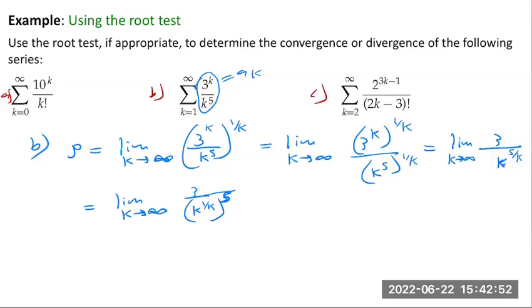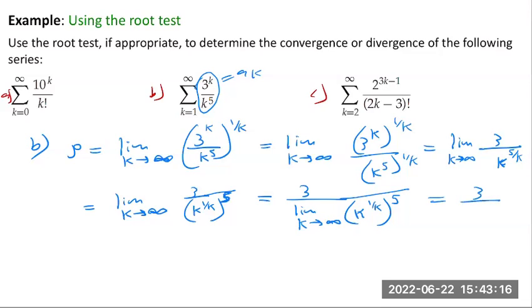Now I can take the limit of the top and bottom separately. The limit of the top is just 3, a constant, so it stays as it is. And in the bottom, you have the limit as k approaches infinity of k to the power 1 over k, all to the power 5. What is this limit?